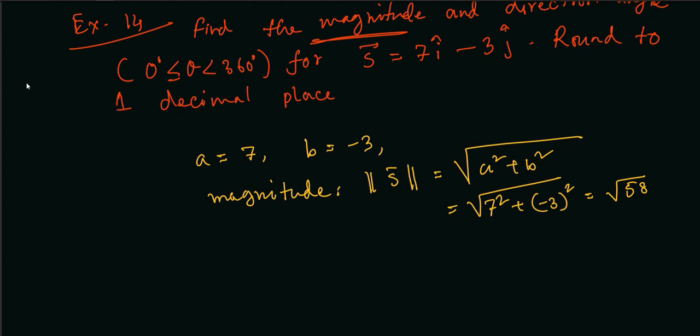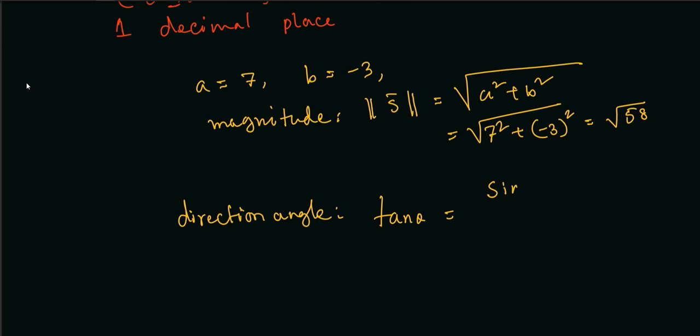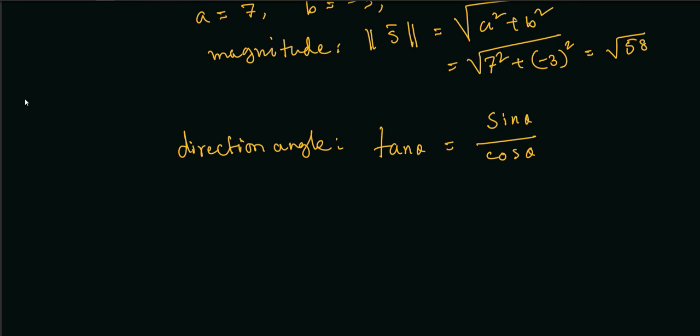And then we have to find the direction angle. Tan theta equals sine theta over cosine theta. We can write b over a, cancelling the common denominator.